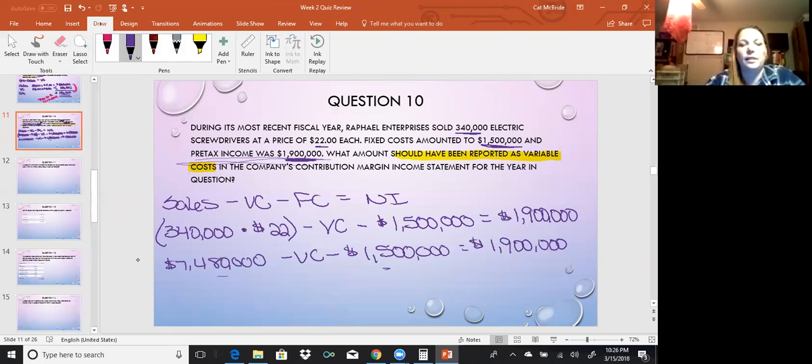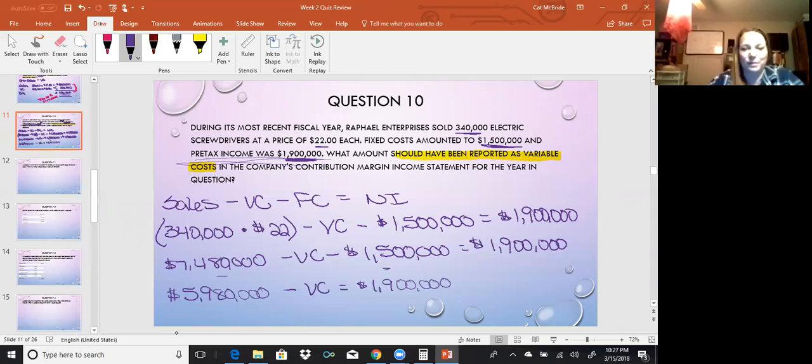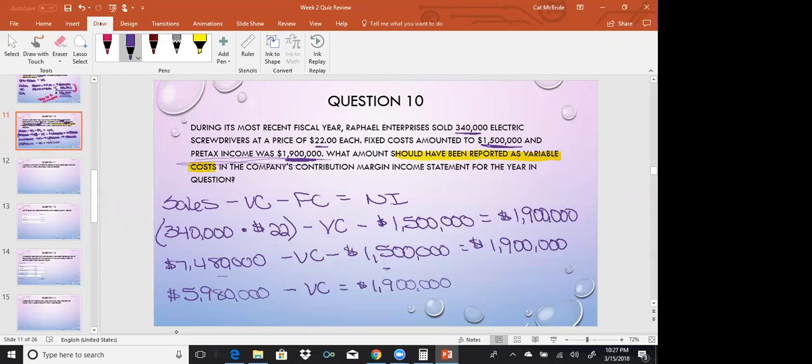So if I first take these two, then I have my 5,980,000 minus my variable cost equals my 1,900,000. Now I need to get variable cost on one side of the equation. 5,980,000 minus 1,900,000 equals variable cost.